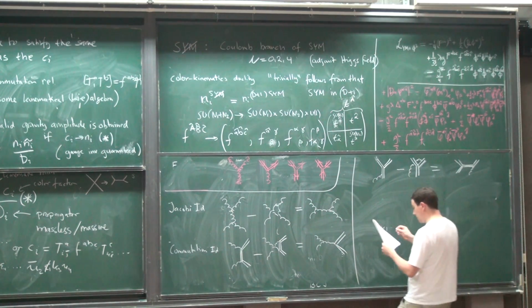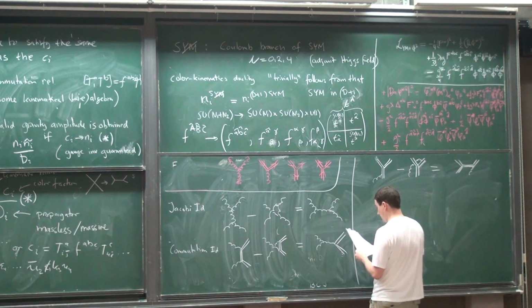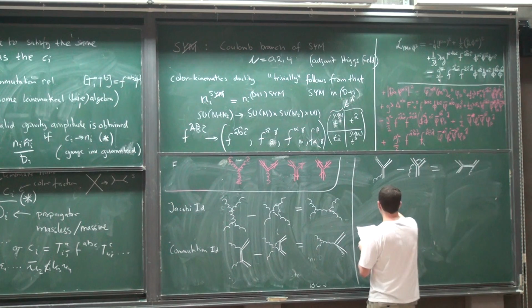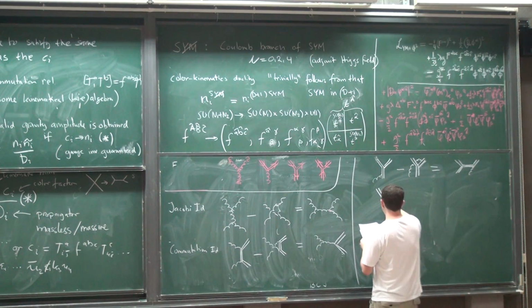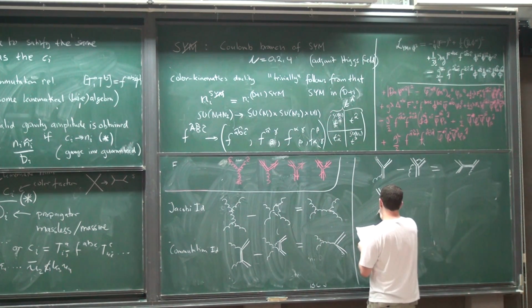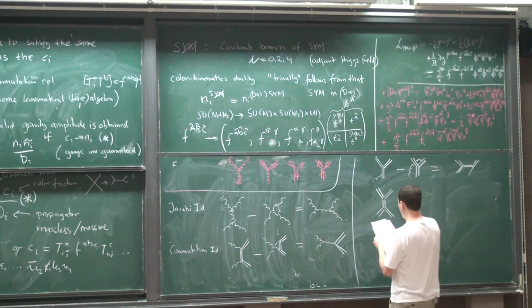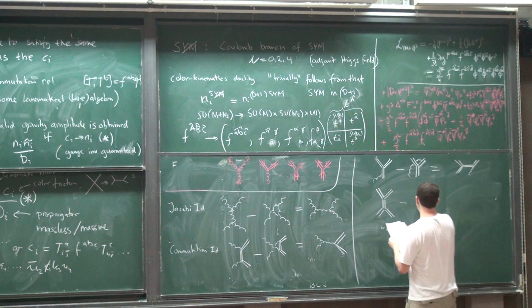There's one more. Let's see. So now, if you only have these Clebsch-Gordan coefficients, you're going to have this structure.